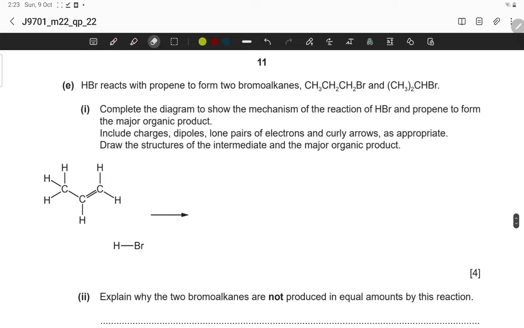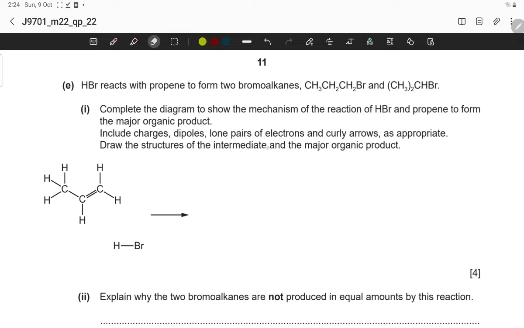HBr reacts with propene to form 2-bromoalkane, CH3CHBrCH3, and a primary haloalkane, CH3CH2CH2Br. Complete the diagram to show the mechanism of the reaction of HBr and propene to form the major organic product.